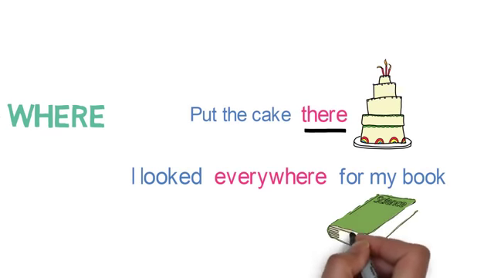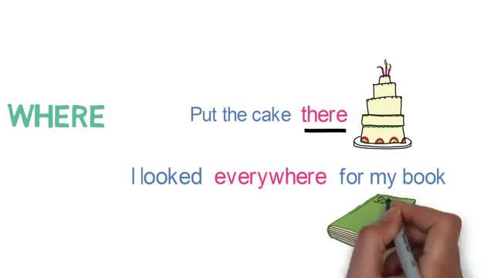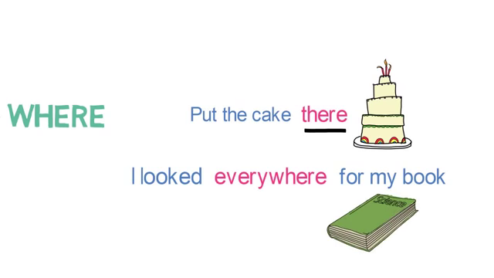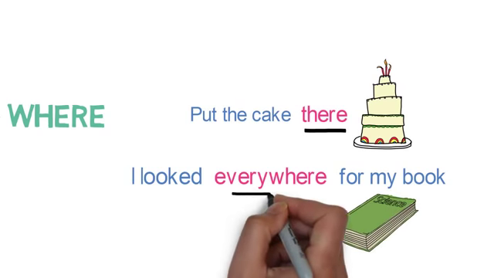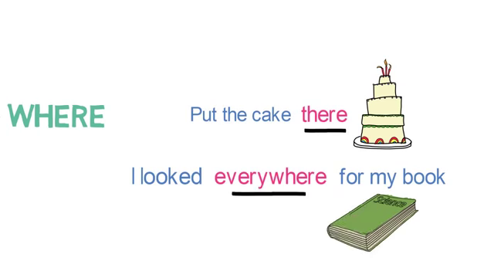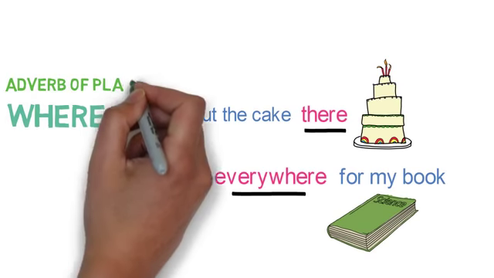I looked at my book. But where did I look? I looked everywhere in the room. Here, everywhere is the adverb, as I am telling the location where I looked for the book. As this adverb describes where the action happened, these are called adverbs of place.